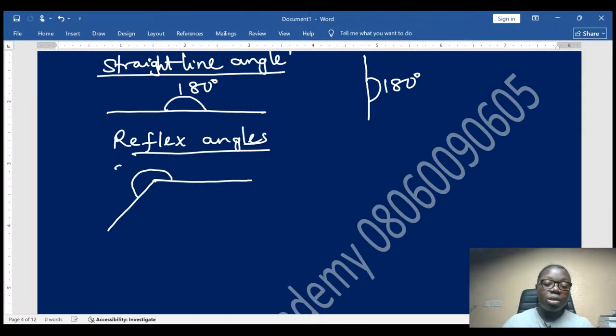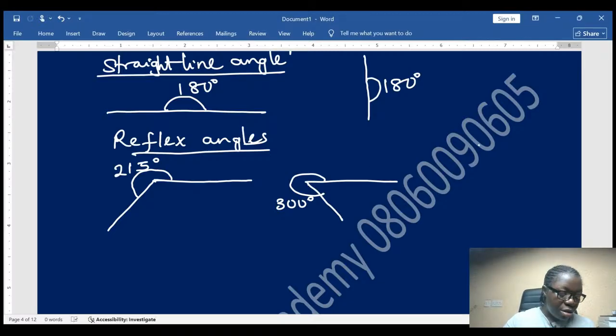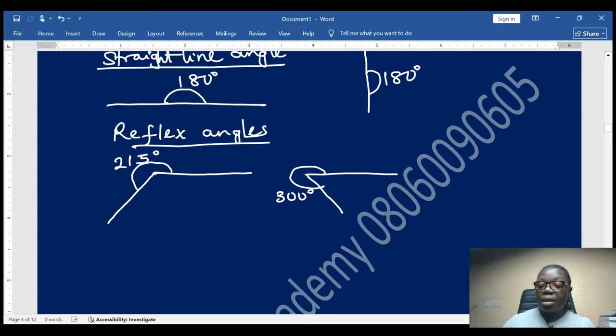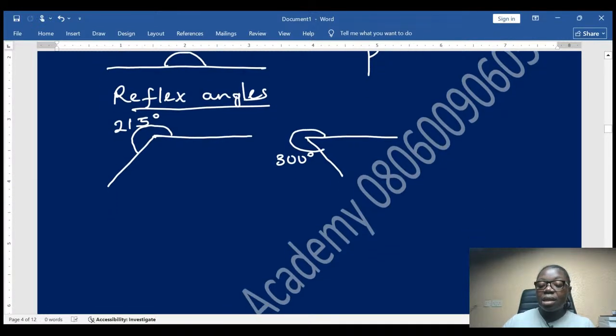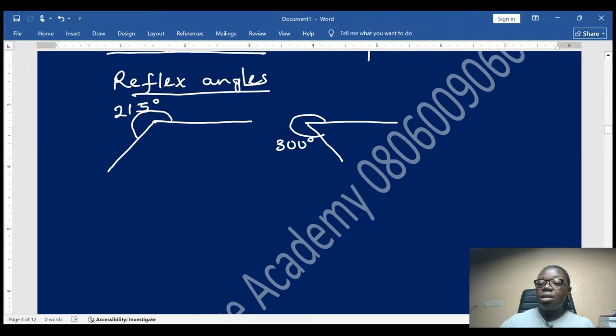So this angle is 215 degrees, so this is a reflex angle. Sometimes it may just go this way, and this angle is 300 degrees. So these are called reflex angles, greater than 180 degrees but less than 360 degrees. Okay?